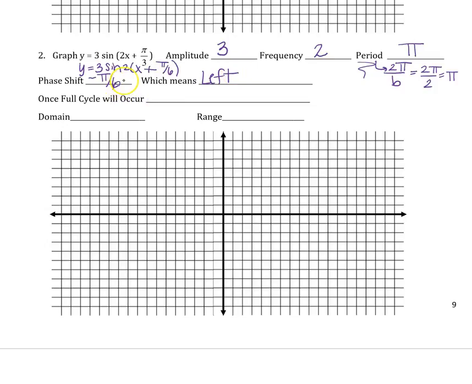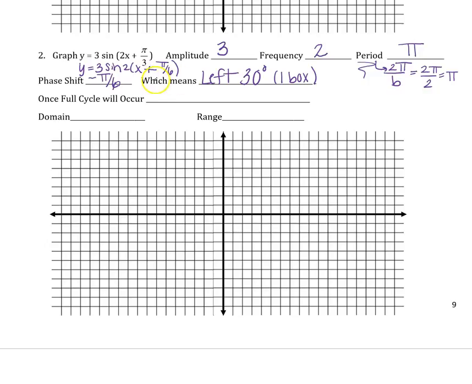And it may be helpful for you to convert back to degrees from time to time. So if you think of negative pi over 6, that's the same thing as left 30 degrees, which when we set up our boxes down here is going to be one box. Okay, so let's set up our axes here.